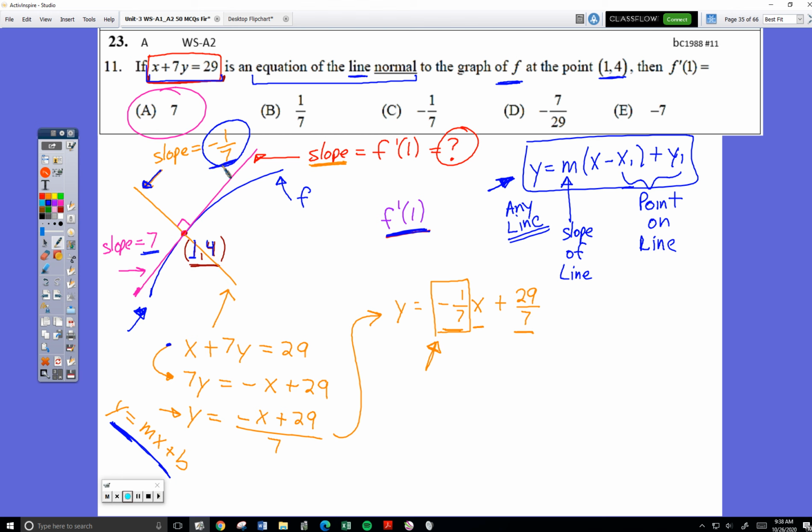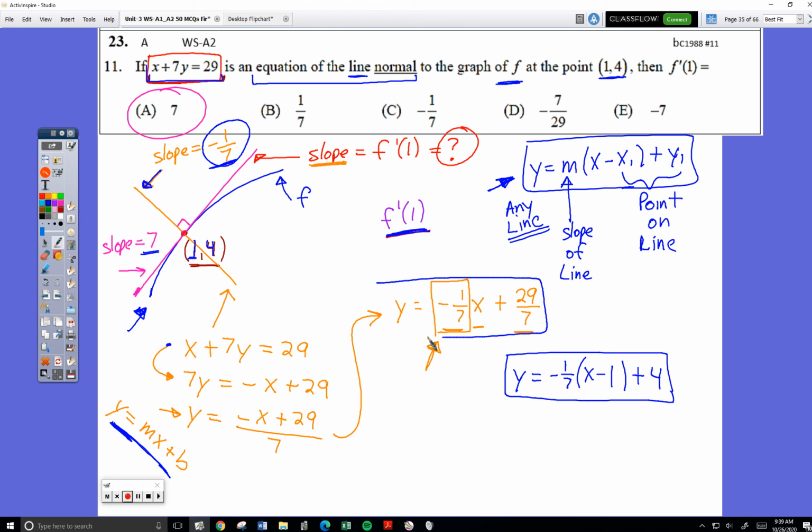So knowing that, I could literally write the equation of that line by saying y equals negative 1/7 times x minus the x coordinate, which is 1, plus the y coordinate, which is 4. This equation is exactly equivalent to this equation. It's just in a different format. But they both describe all the points on that orange line. Does that answer your question?